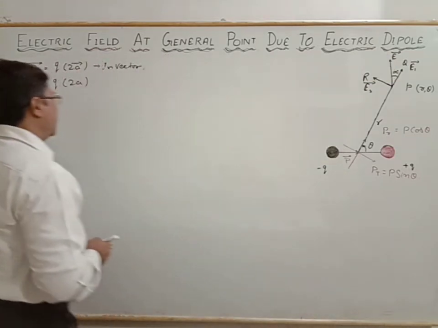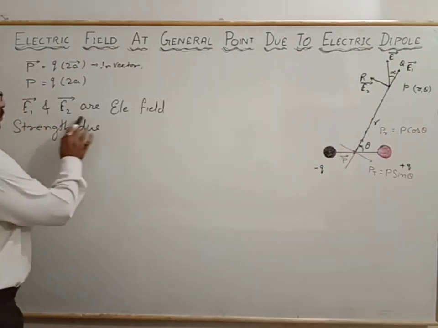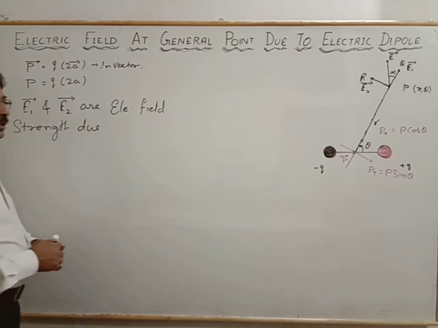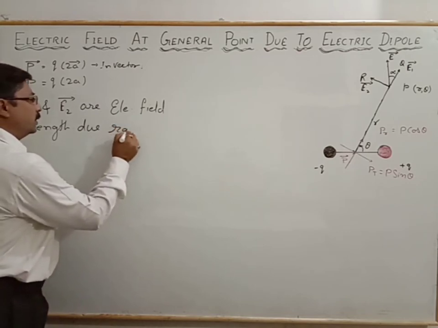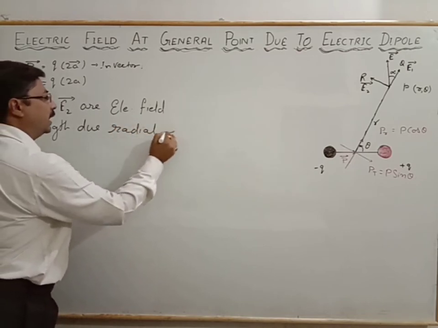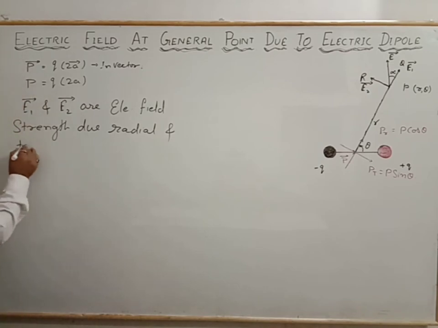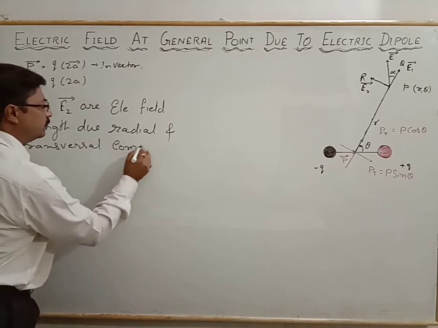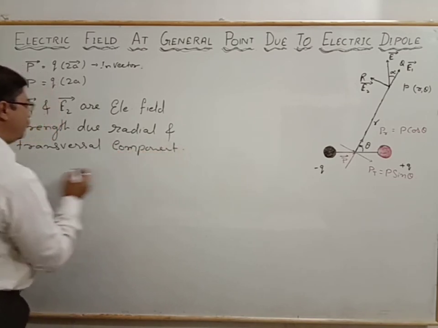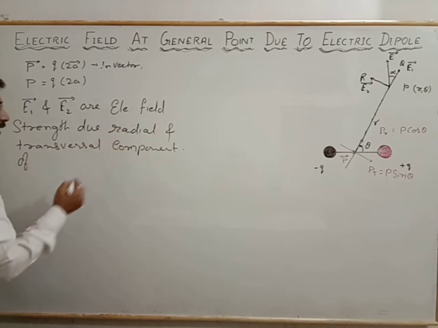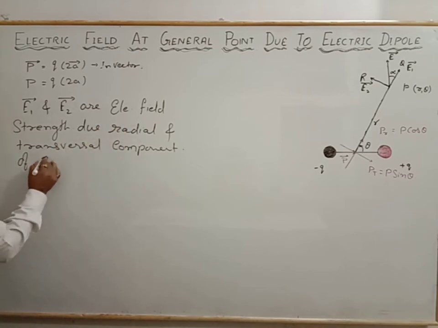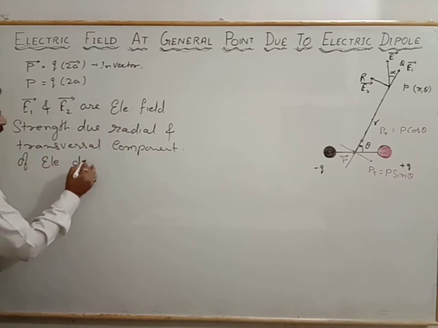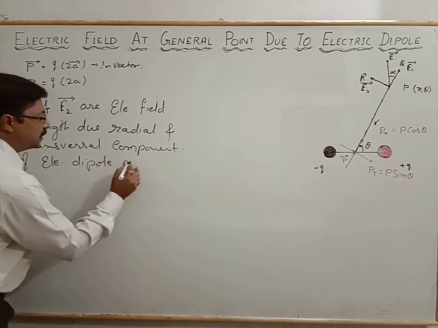For that, the magnitude. Here E1 and E2 are the electric field strengths due to the radial and transverse components of the electric dipole moment.